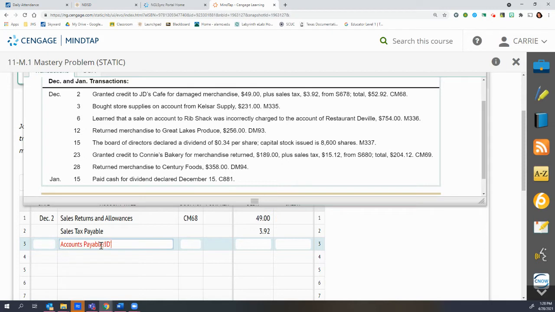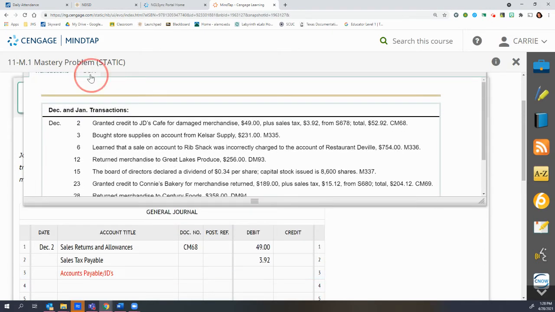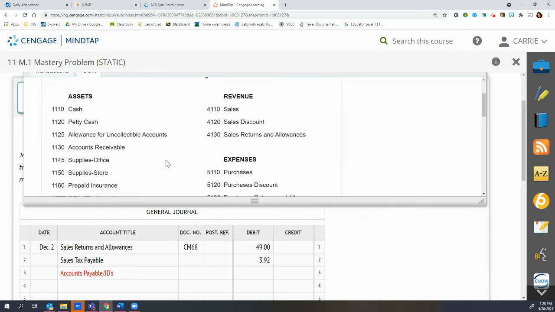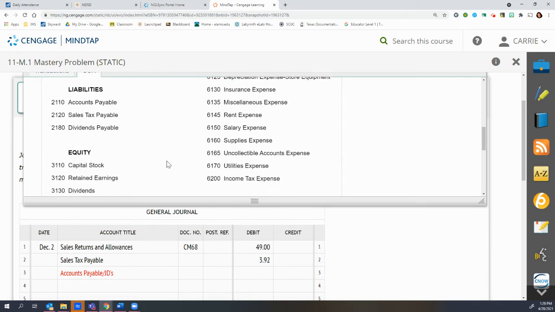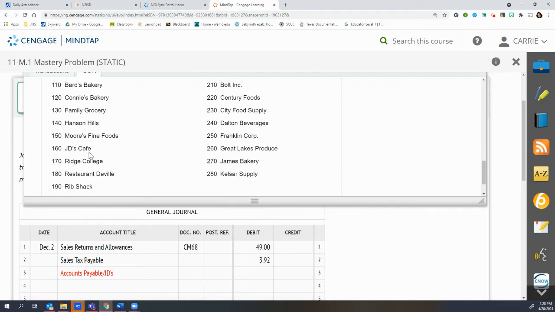Really? Okay, so it doesn't want to take that. So I'm going to look at the chart of accounts and see what it says. It is JD's Cafe.